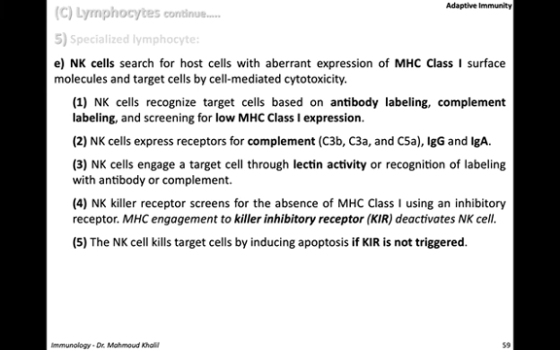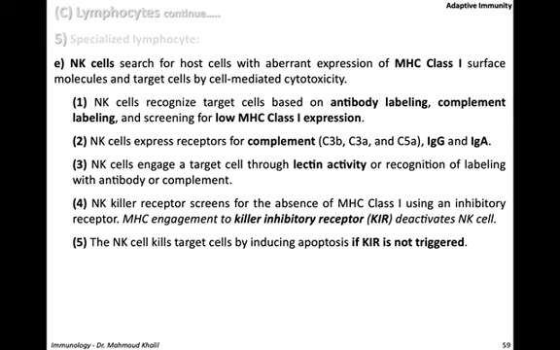These NK killer receptors screen for the absence of MHC class 1 using an inhibitory receptor. And this engagement of the killer inhibitory receptor deactivates the NK cells. So one of the main mechanisms of cancer cells to inhibit the NK cells is through the expression of a ligand for the killer inhibitory receptor, which is called KIR.